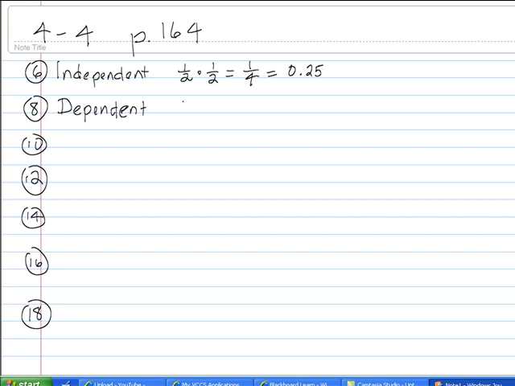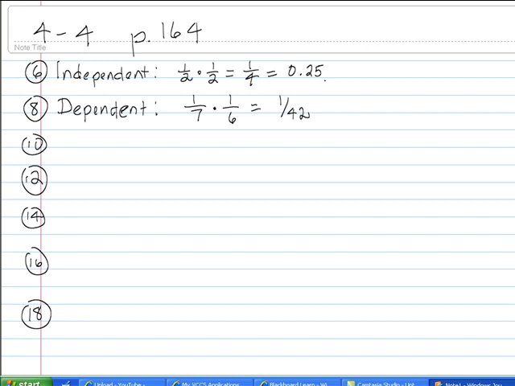So the probability of getting a Saturday, when one day is randomly selected, would be 1 out of 7. And since we've removed Saturday, the probability of then getting a Monday would be 1 out of 6. And so we have 1 out of 42. And let me get that as a decimal.